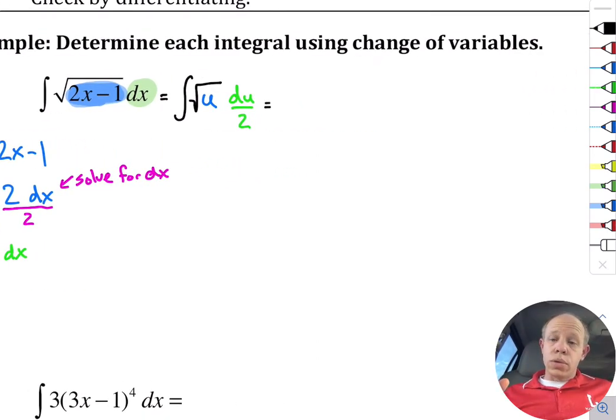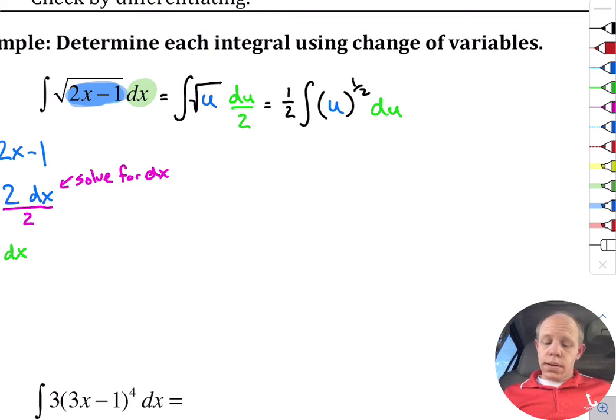So the du over 2, the divided by 2 is a constant multiple, and that can come out in front of the integral. And then this is going to be to the 1/2 power. And then we'll be left with a du here. Now, the inner function, we're just going to leave as u. So when you look at it this way, we have u to the 1/2 times du.